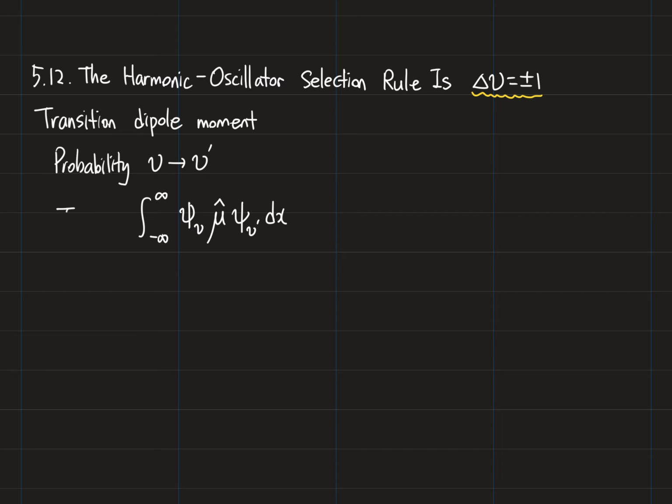This is the transition dipole moment, and the probability is proportional to the square of the transition dipole moment. Now we assume that electromagnetic radiation is propagating in the z direction, so the dipole moment operator has only a z component.